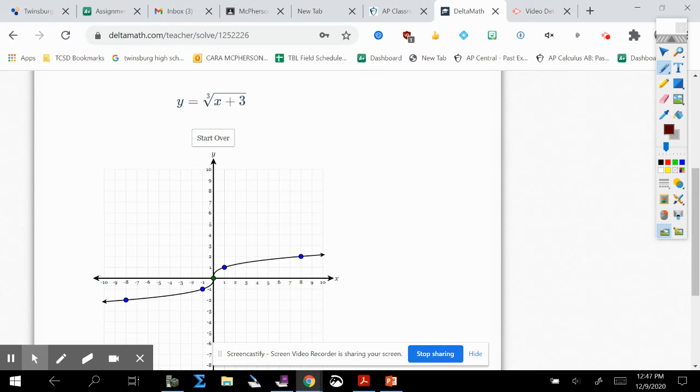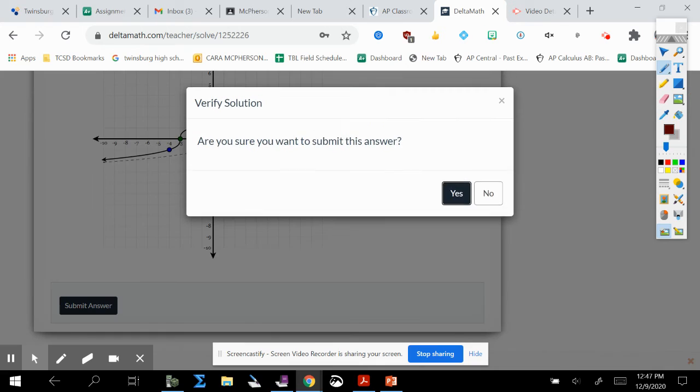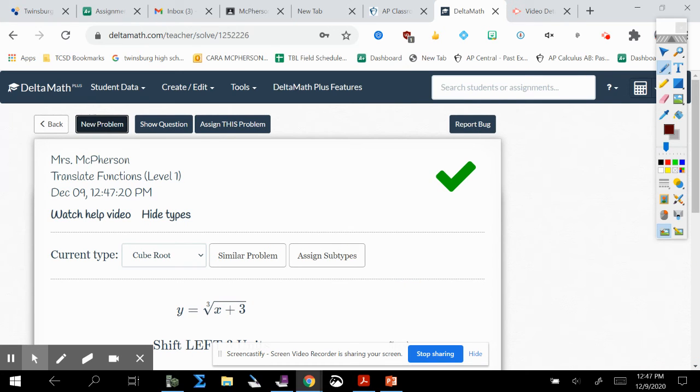With this x plus 3, that's going to shift it 3 to the left. So that's going to take this and move it 3 to the left. Oh, I went a little bit low. It just wants you to show that you know how to manipulate it in the right direction. All you're doing is going through, and you can do it by clicking on it and dragging it.